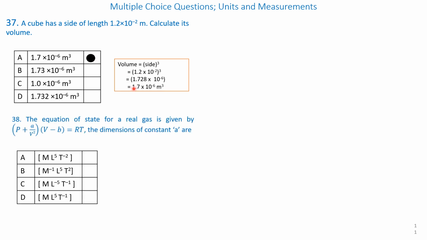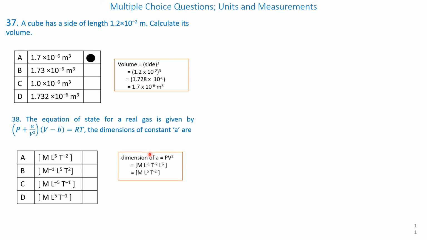Next question. The equation of state for a real gas is given by P plus A by V square into V minus B equals RT. We have to find the dimensions of constant A. Four options are given. This is an equation, so we can straight away analyze it. PV, that is pressure into volume, equals RT.